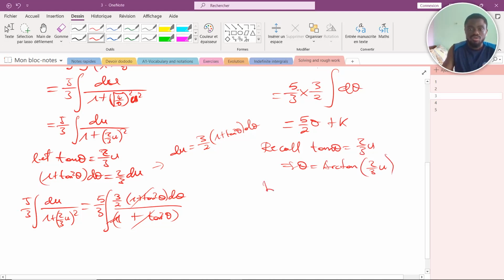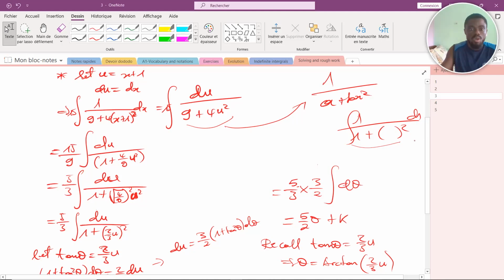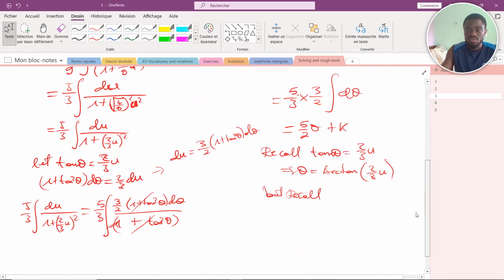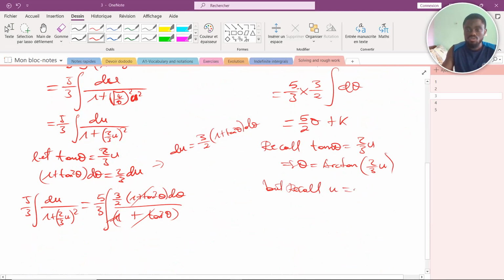But recall also that our u was equal to x plus 1. So where I see u, I replace it by x plus 1. So theta will be equal to arctan of 2 on 3 into x plus 1.